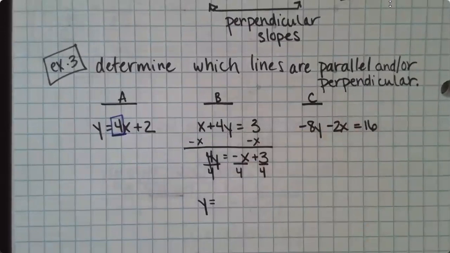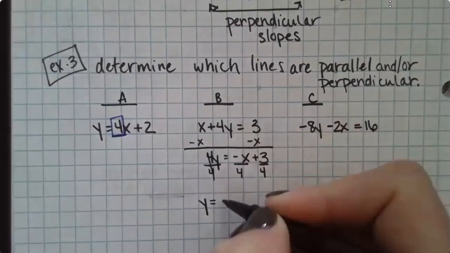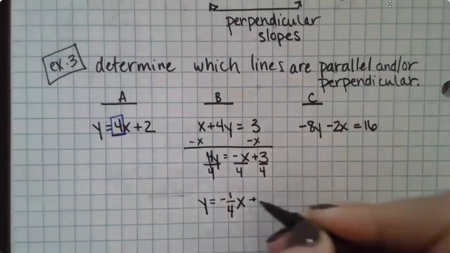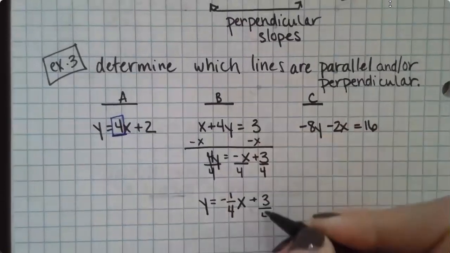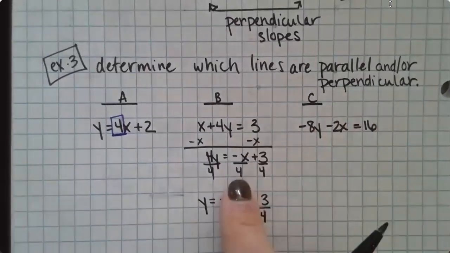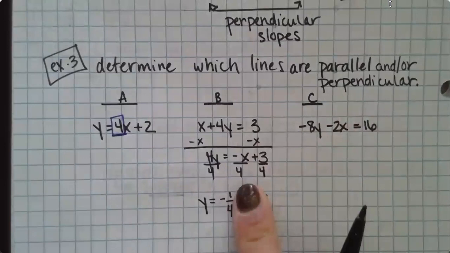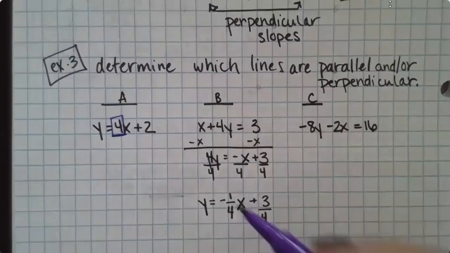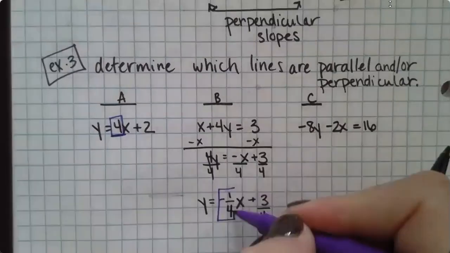The equation of line B is negative 1/4 x plus 3/4. I'm writing this as negative 1/4 x because it makes it very clear what my slope is. So the slope of line B is negative 1/4.